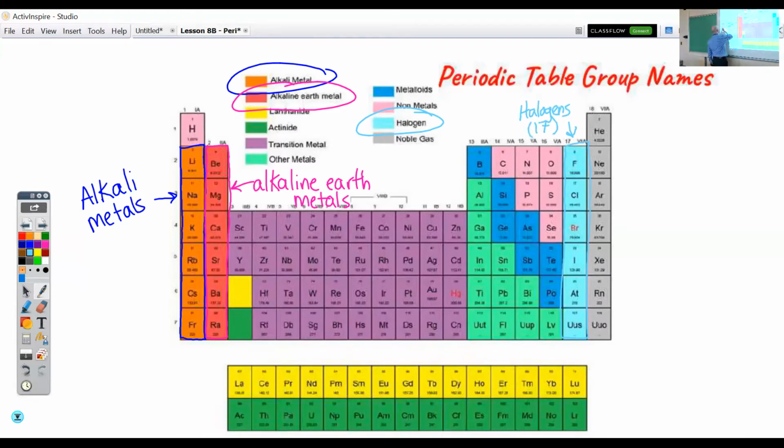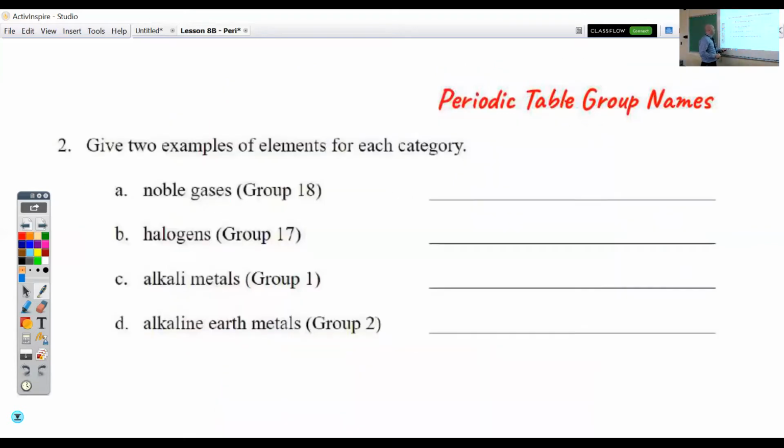And finally, all the way on the right side of the periodic table, we have group 18, which are the noble gases. So I am only asking you to know those 4 columns. Those are the ones that we're going to refer to most often. Let's take a look at the next slide.